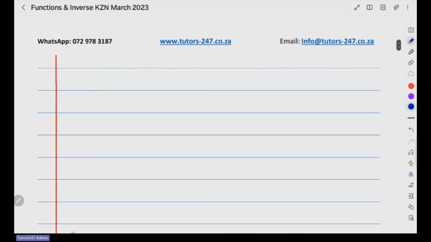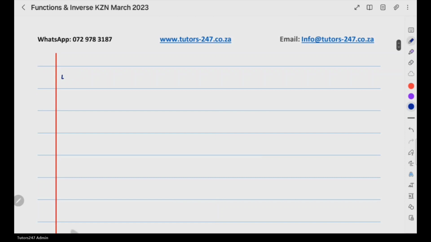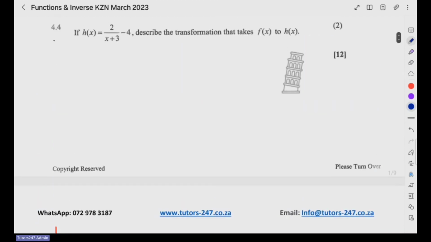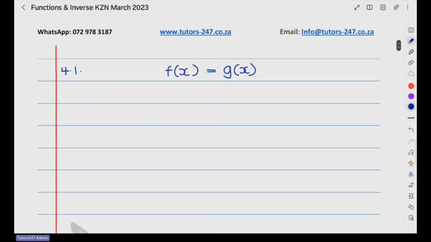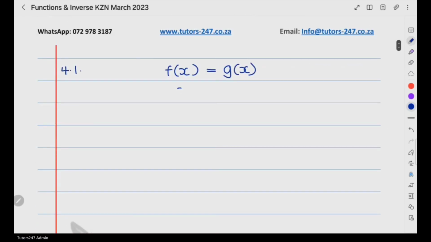So question 4.1, we will have f of x is equal to g of x. Now, from here, all we are going to do is substitute the equations of f and g, then solve for x. So we have 2 over x and x minus 1.